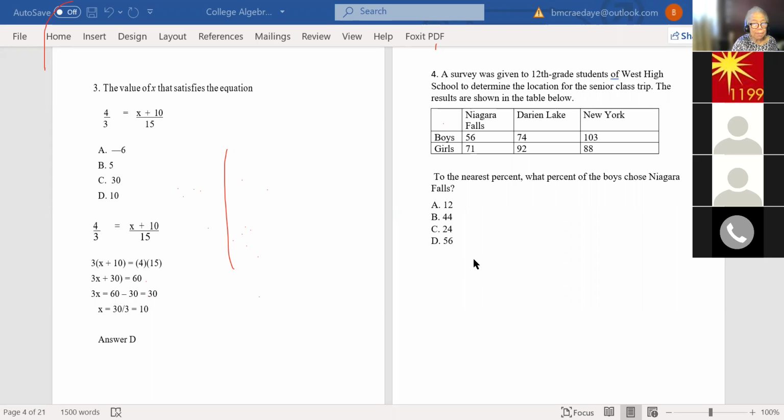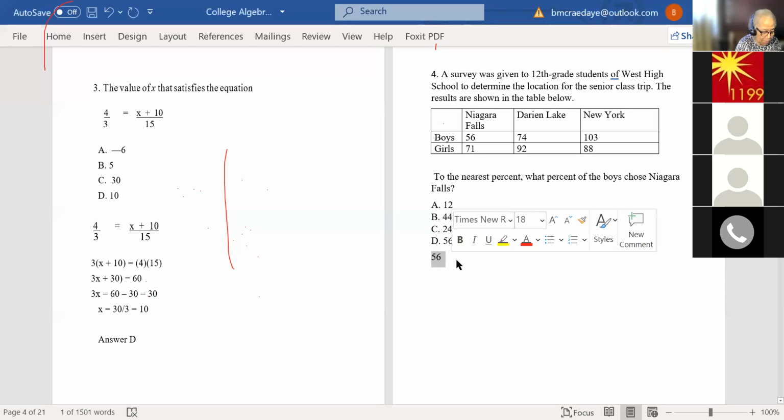Latoya, did you do that? Yeah. Okay, so you really said 233 divided by 56. It's 4.16. No, Latoya, it's 56 divided by 233. You said the opposite. It's 0.24.